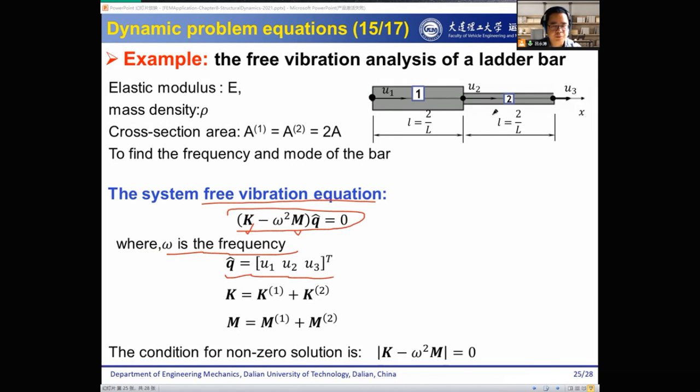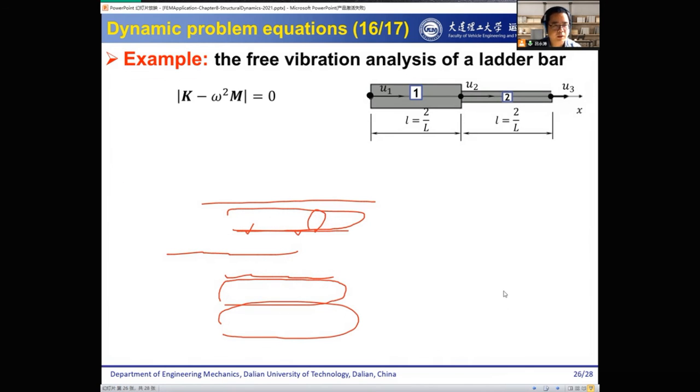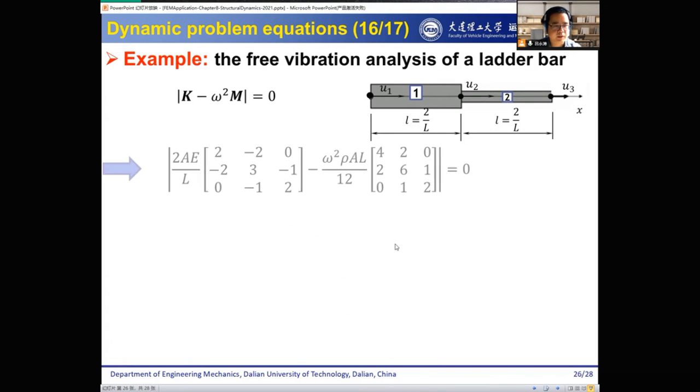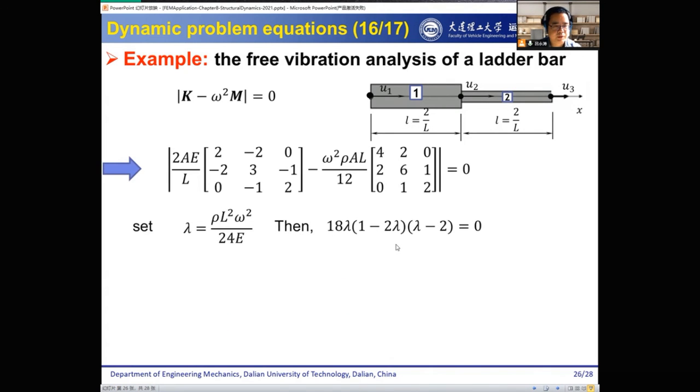Because we have two elements, we need to assemble them together. We put the element stiffness and element mass matrices into the global matrix. We know the displacement vector is not zero, therefore to make this equation equal to zero, we have to make the determinant of the coefficient matrix equal to zero. Then we just do the mathematics here to solve this.